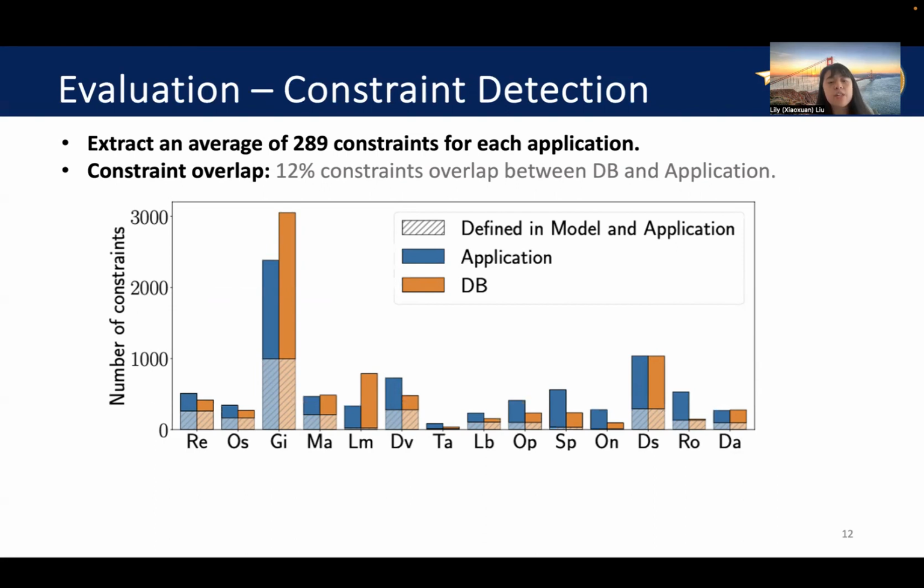More interestingly, we find that there is only 12% constraint overlap between database and application. Database here means the constraint is already defined in the database without looking at the application code. The 12% indicates that the overlap is not big, so there are a lot of constraints only defined in the application source code.